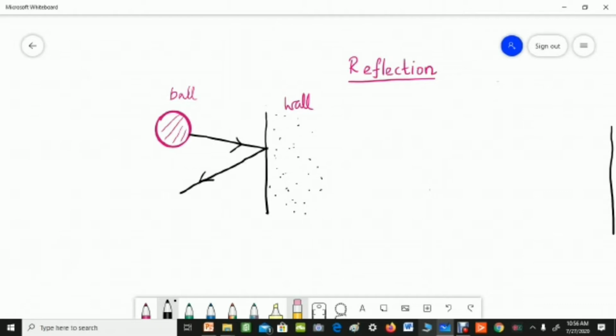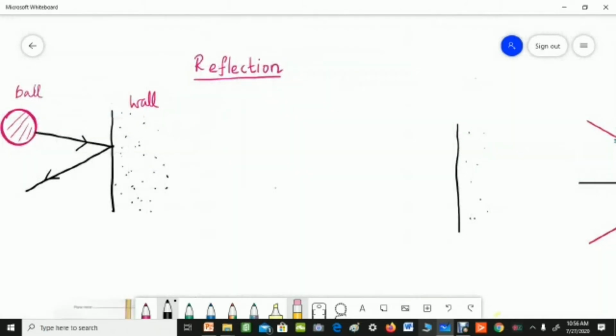Let's see what happens when a beam of light strikes a highly polished surface such as a mirror. So just consider this as a mirror. If you are lighting a torch on a plain mirror, what will happen?